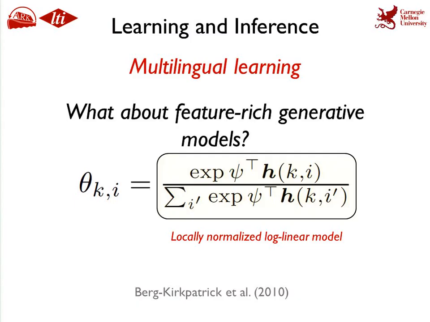I don't want to go into the details of how we compute the derivatives. So both vanilla unsupervised models, which are basically a Bayesian network and have multinomial distributions as parameters, as well as models which have locally normalized log-linear models, can be estimated easily using our techniques.